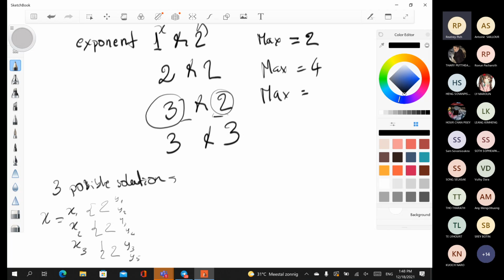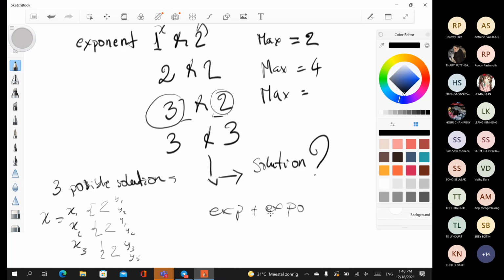So in this case, can you make an assumption here? What is the solution based on the exponents? Exponent plus exponent or exponent multiplied by exponent.